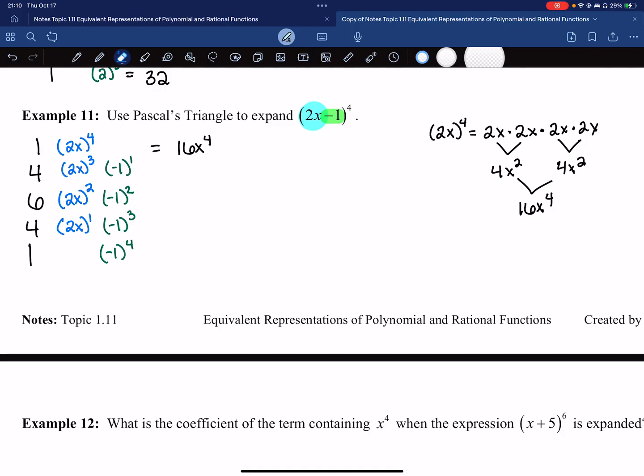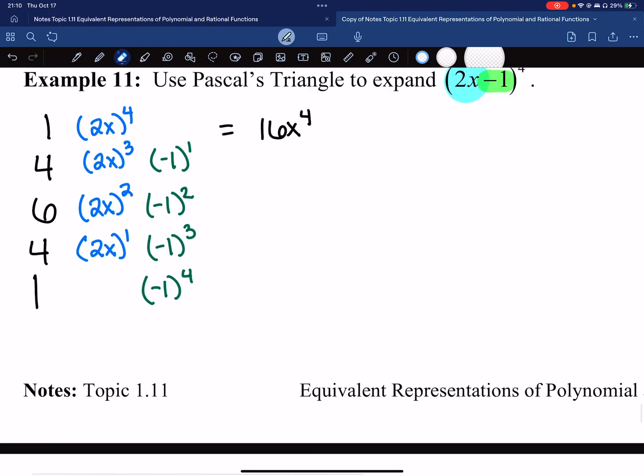That's how we got that. So that's going to be for all of these that have 2x in parentheses. Now we have 2x to the 3rd power. That would be 2x times 2x times 2x. That would be 8x to the third power.